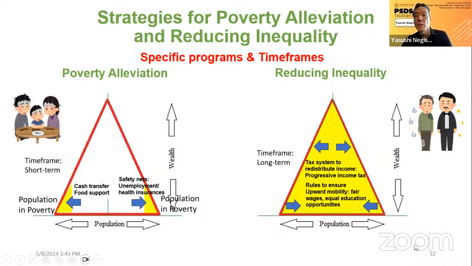That way, we can channel the surplus earned by higher income people to lower income populations.